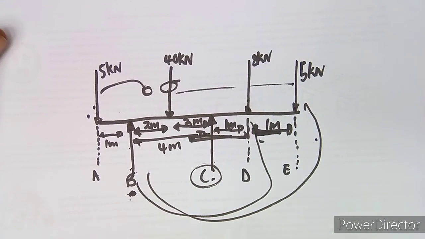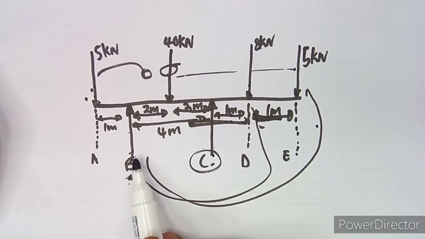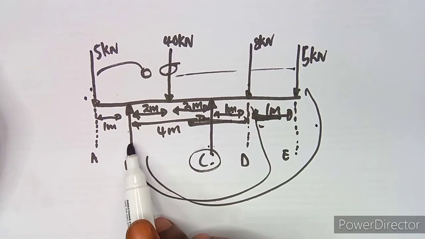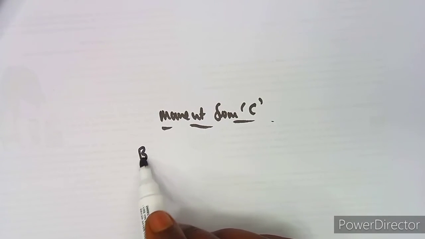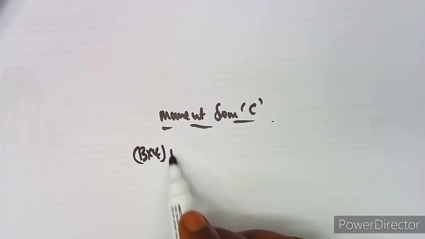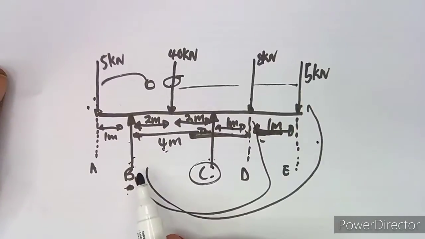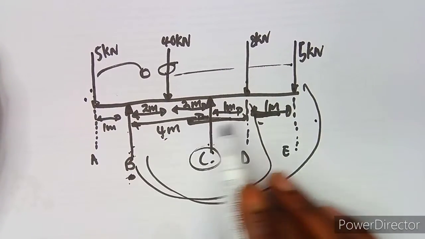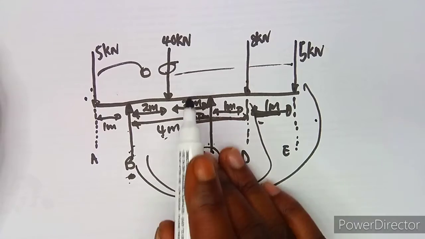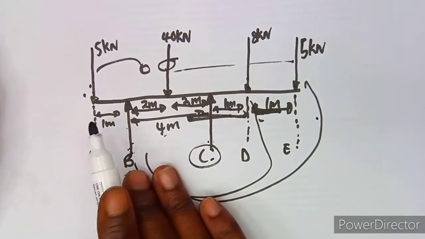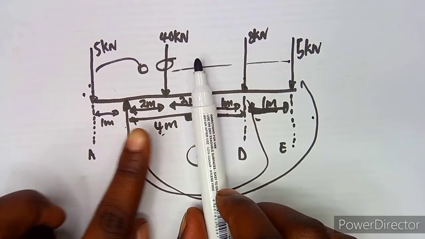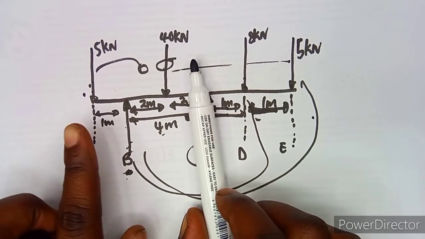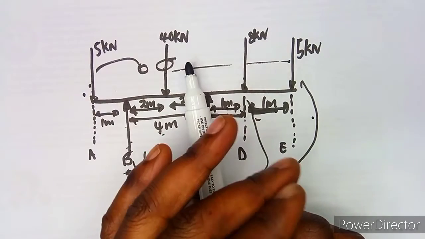Okay, so let's take these forces. Like I said, we have B back to C, so it's B multiplied by 4 meters. So that is B by 4, plus these ones which are on the other side of B, which is not the side where we are having B, because B is on this side of C. As you can see, this is the side where we are having B. So we're going to take the ones which are on the other side.